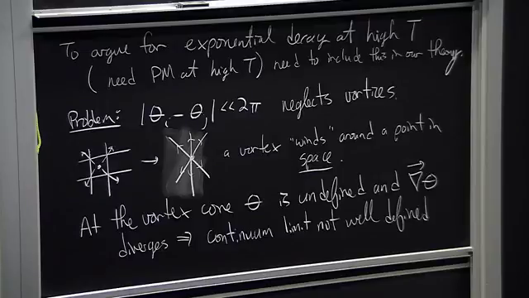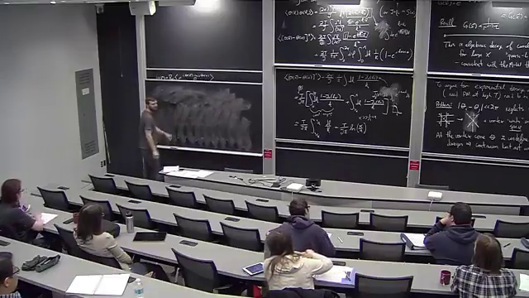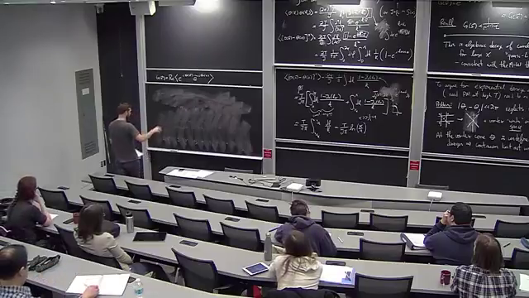So the lattice saves us from that, because the lattice removes that point. And we can talk about vortices at points in space around, say, the dual lattice or something like that. So let's think of the lattice and remove that mathematical singularity with it.